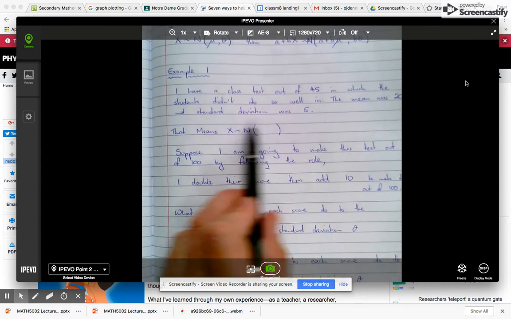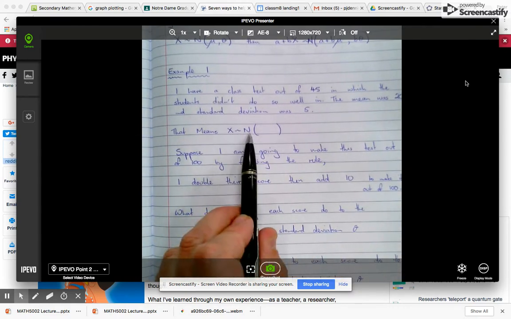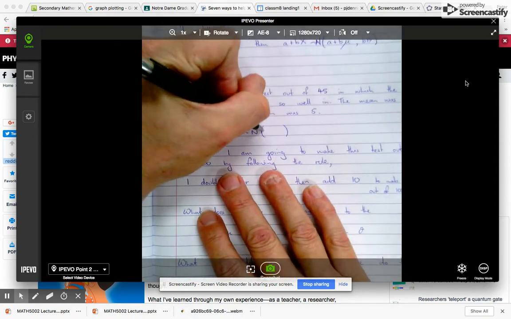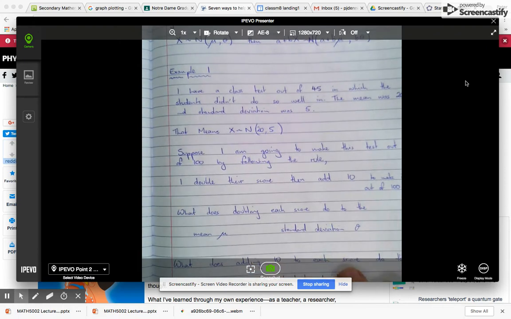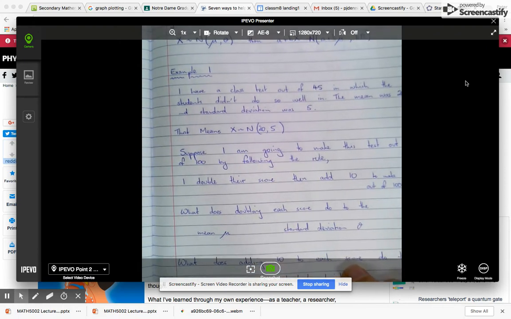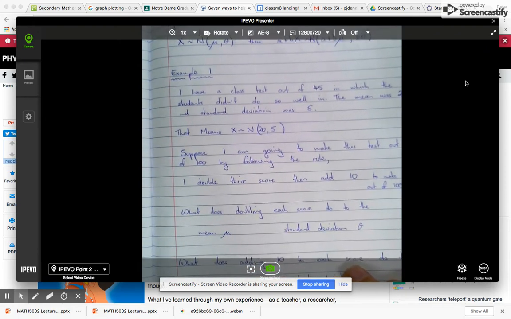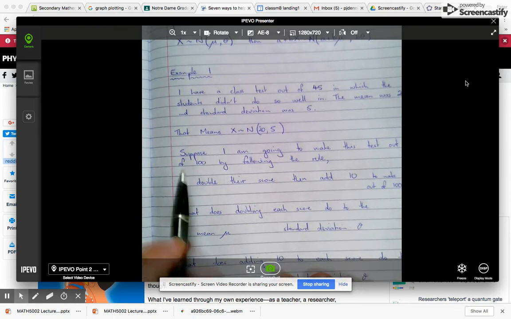In this terminology, the data set is normally distributed with a mean of 20 and a standard deviation of 5. Now, suppose I'm going to make this test out of 100 by following this rule: I'm going to double every score and then add 10 to everybody.